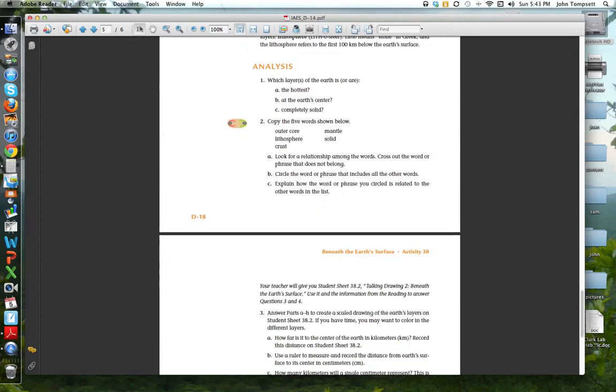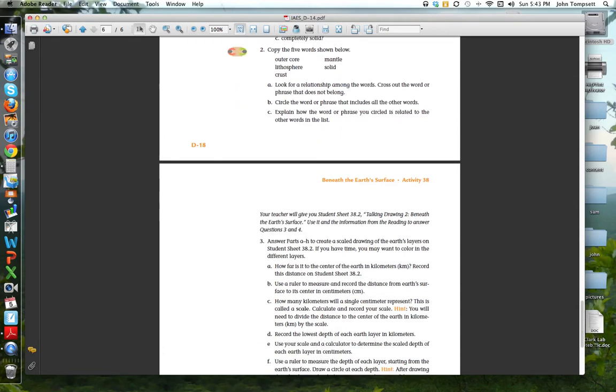Then if you look down at the next section, this would be the directions for number 3. I'm going to give you, or somebody's going to give you, the student sheet 38.2, drawing 2 beneath the Earth's surface, and you're going to use it and the information from the reading to answer questions 3 and 4. You're going to answer parts A through H to create a scaled drawing of the Earth's layers on your student sheet.